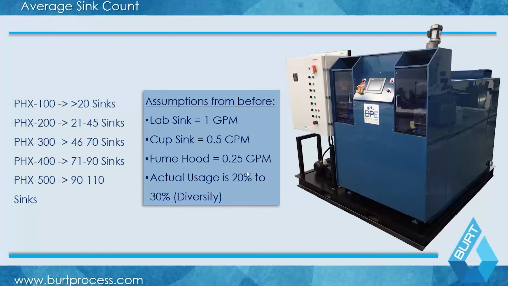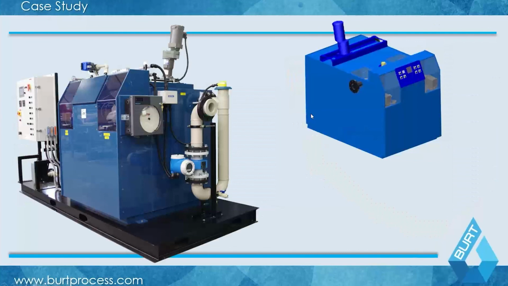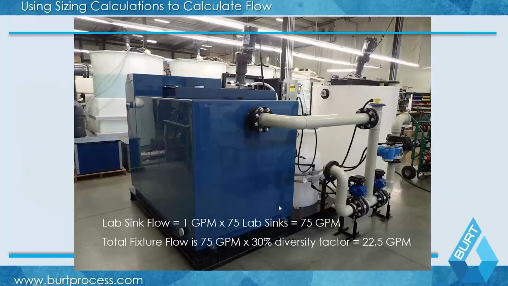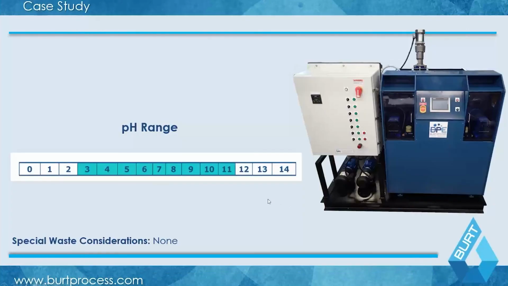Looking at the PHX here, in the front you have your control console. Here you have your reagent metering pumps. This front panel here has your double container reagent tanks, and then here in the back as well, you have your agitation and actual treatment tank. These are sized very similarly. In this case here, just as an example, 75 lab sinks, 30% diversity, 22.5 GPM.